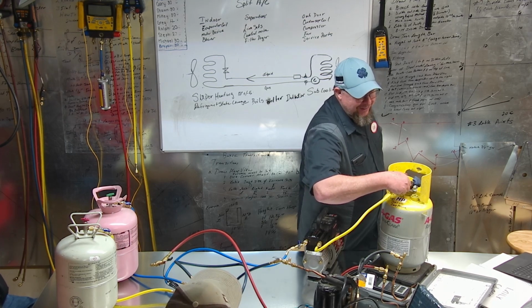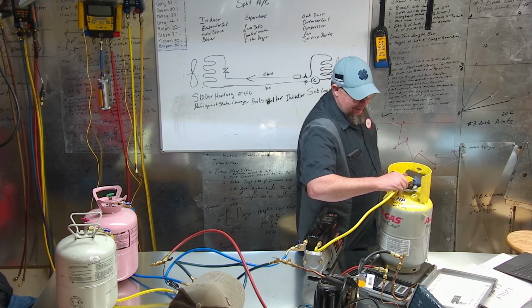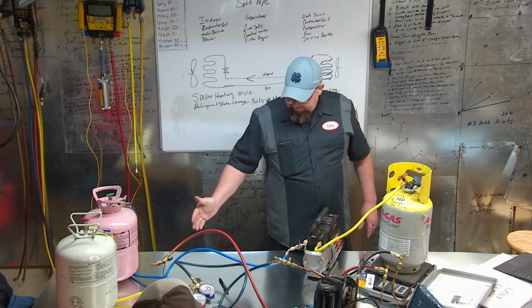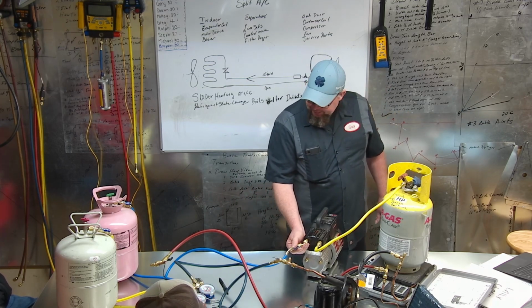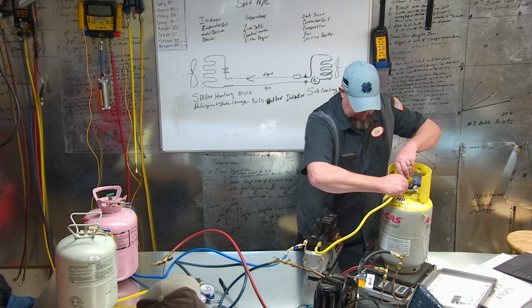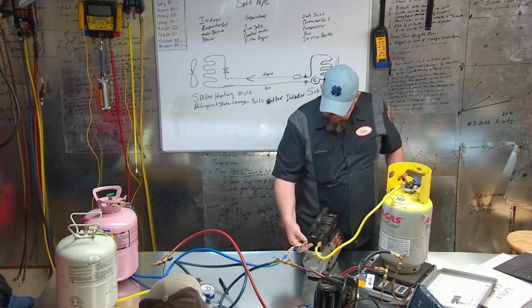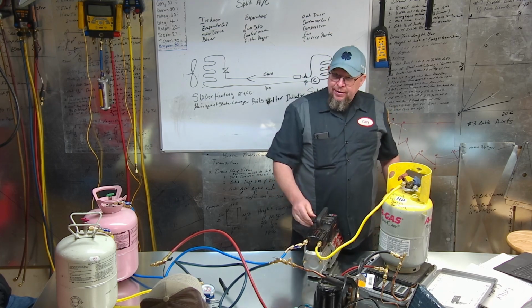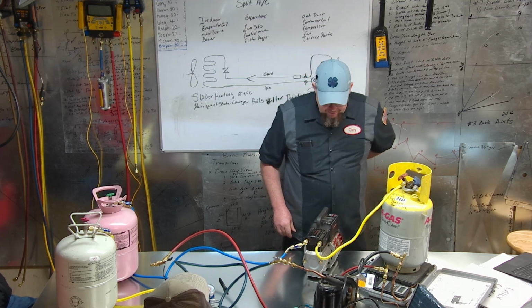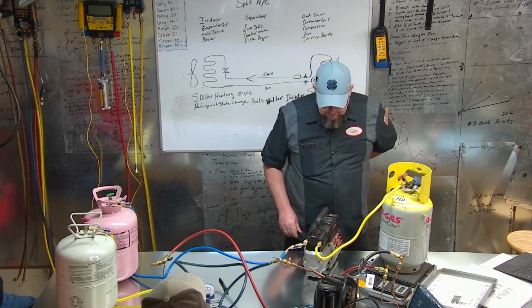That's pretty close to 16.4 pounds. 16 ounces in a pound. Okay, so I have to bleed out my lines. Hear that? That's going into this tank. Yep.